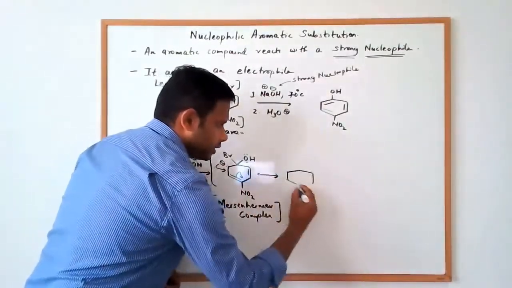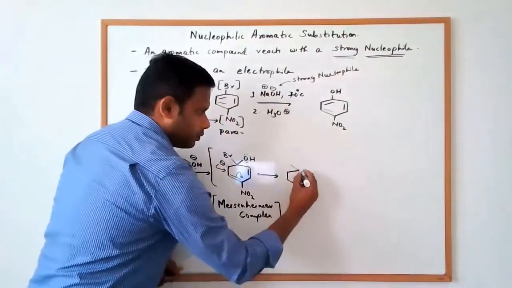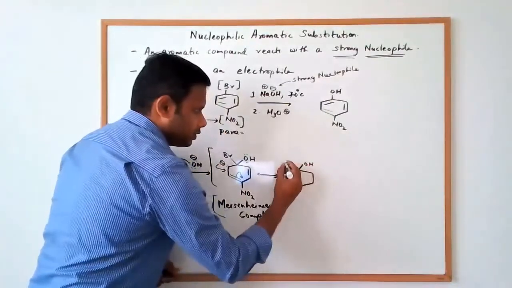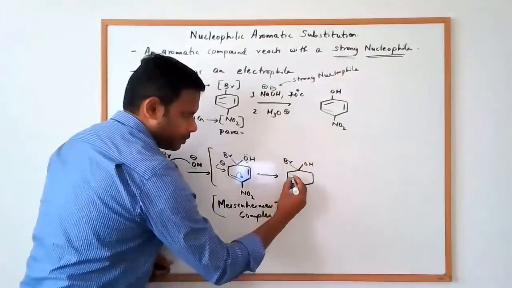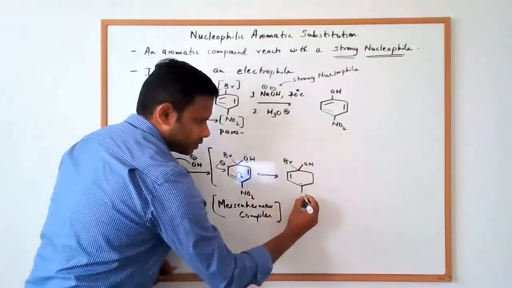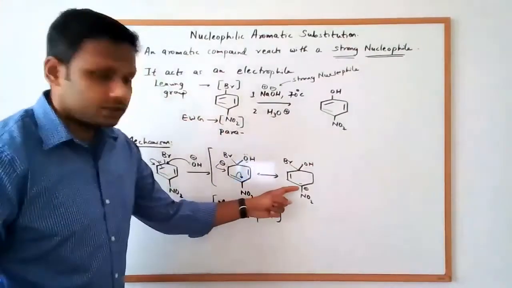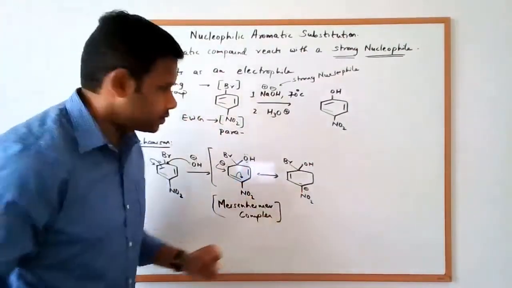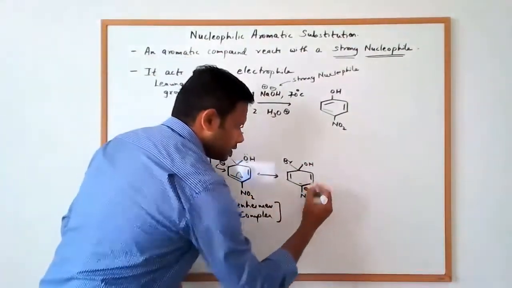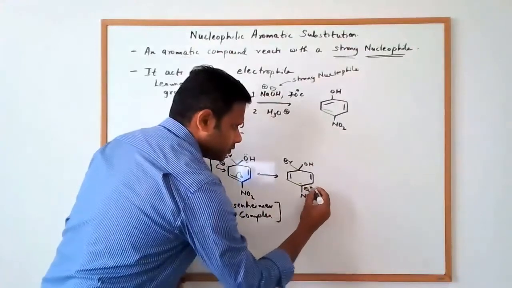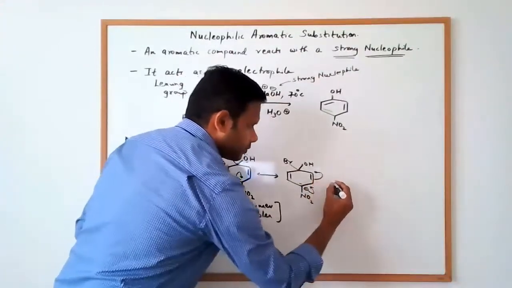We can use that lone pair and push the electrons around. So we will get to the next resonance form where the negative charge is on that para carbon next to the nitro group. This double bond is still there. This negative charge moves around again.